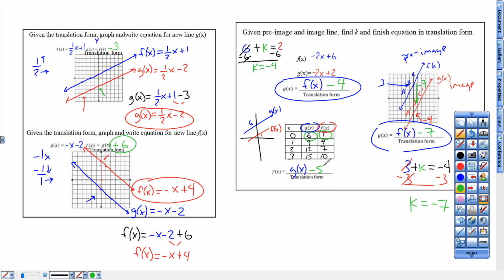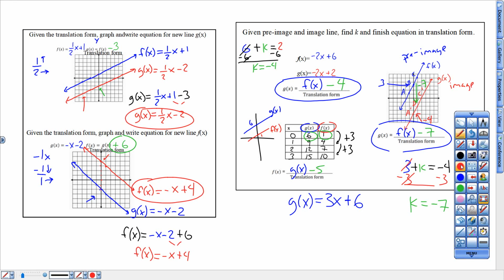I want you to realize for this table, this is going up by 3. That's my rate of change. I want you to be able to write equations. That g of x equation is that slope number in front of x plus its y-intercept of 6.